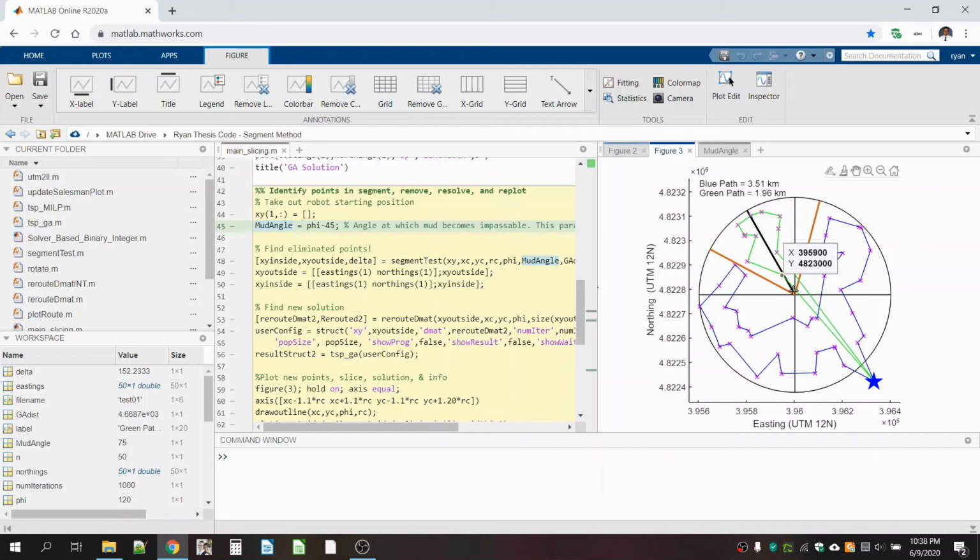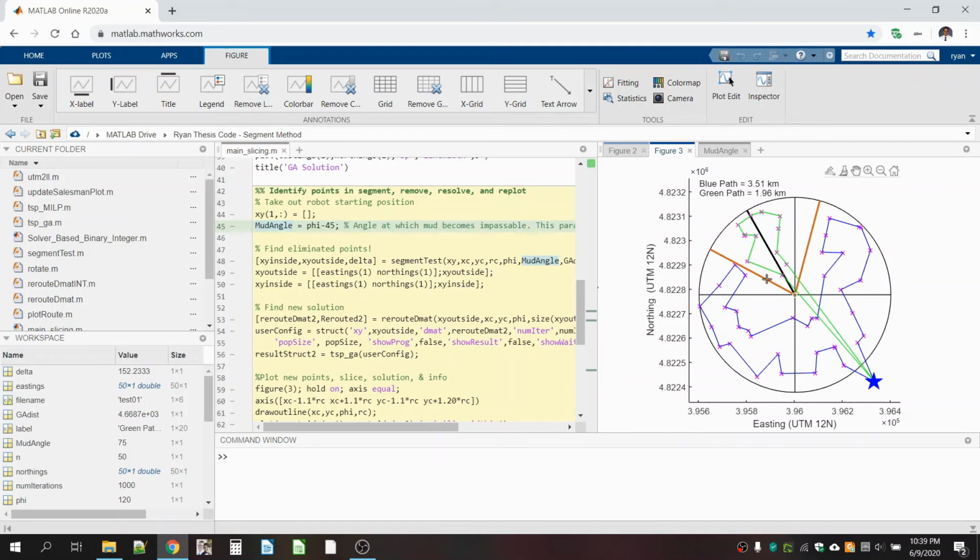Now the other problem is, not only will the irrigation line move this way, but it just watered everything behind it. And it waters so heavily that even large tractors can't pass through how thick the mud is. So there's a certain area, which would have to be decided by the farmer or by trial and error, behind the irrigation line that also is impassable because it's so muddy. So that's what this area is back here.